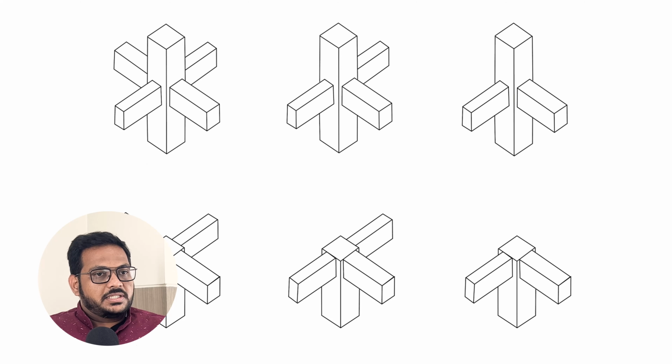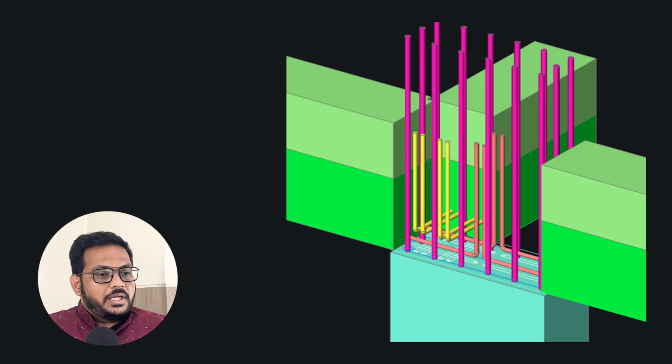In these conditions we have typical reinforcement protruding out of the beam. But in this project each and every joint was not standardized. When we took one plus kind of connection, it was different from the other. That was the critical part.